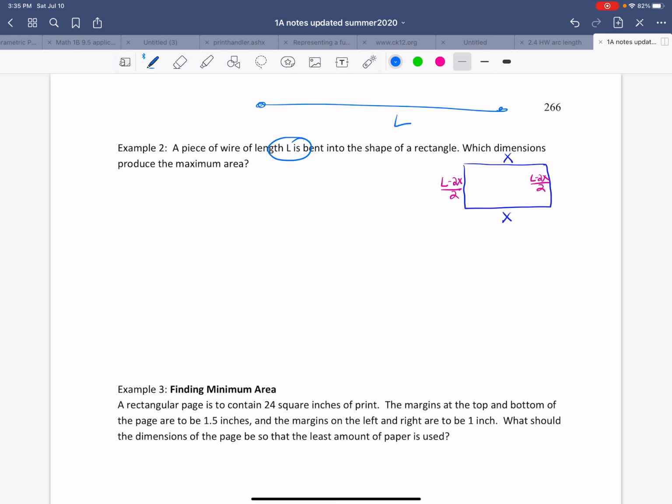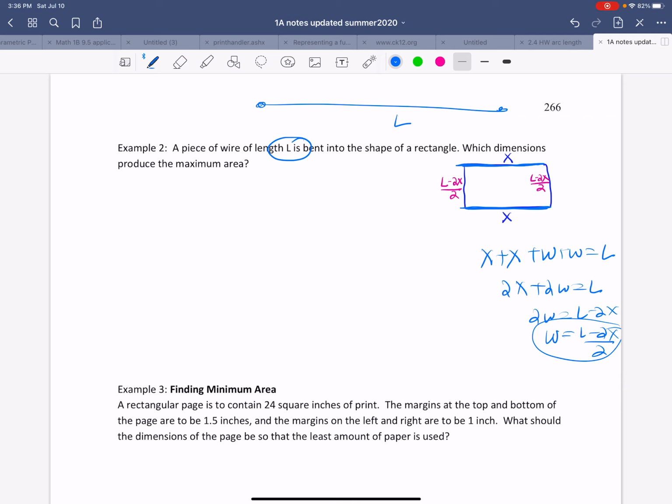If I bend the wire, let's just say the length is x. Then x plus width has to equal L over 2, so we can say 2x plus 2w equals L. 2w equals L minus 2x. So the width turns out to be L minus 2x over 2.